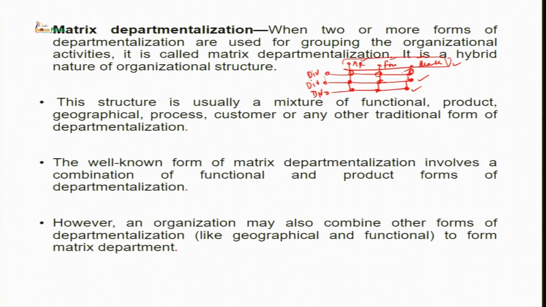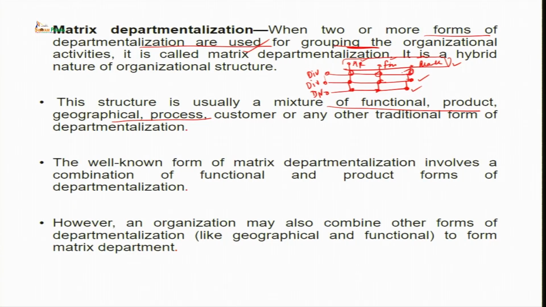So, theoretically speaking, when two or more forms of departmentalization are used for grouping the organizational activities, we call it a matrix department. This structure is usually a mixture of functional, product, geographic, processes, customer or any other traditional forms of departmentalization.